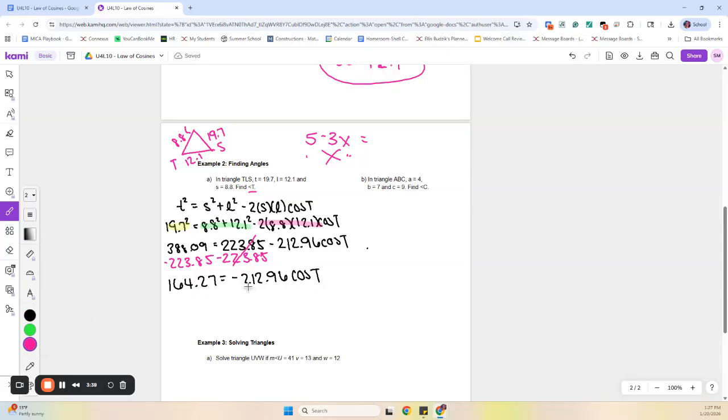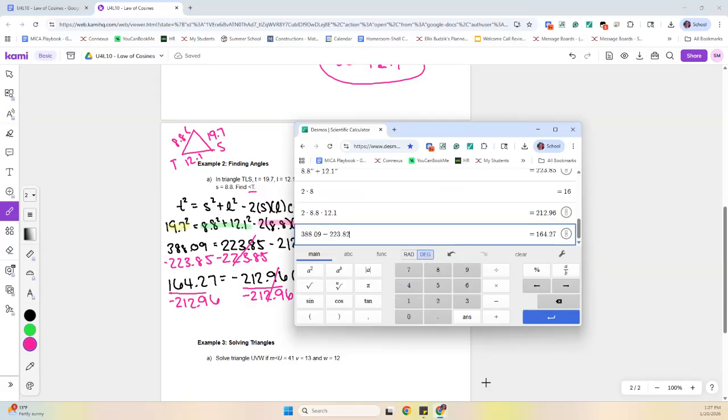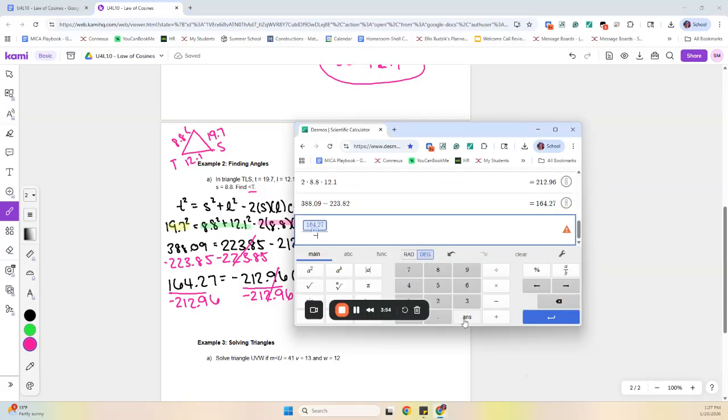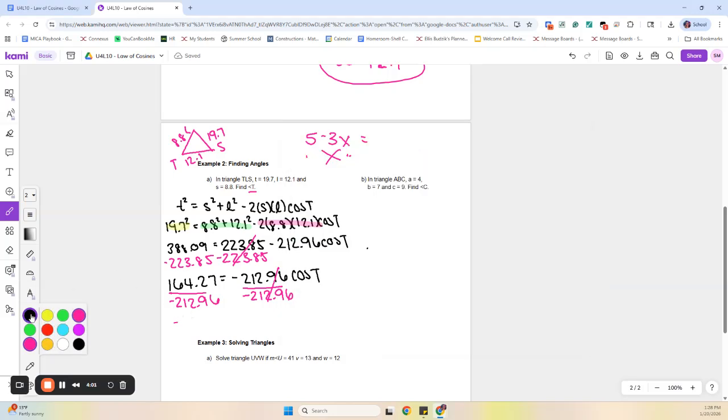Now I want to get that cos t by itself, so I'm going to divide out this negative 212.96. We're going to get a decimal. So we get our answer divided by negative 212.96, which is negative 0.7714, equals cos t.